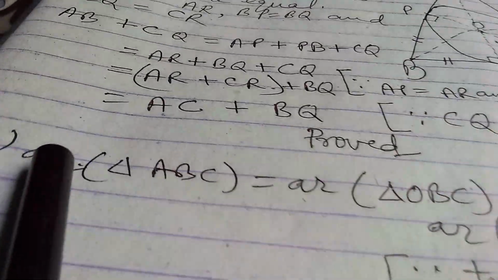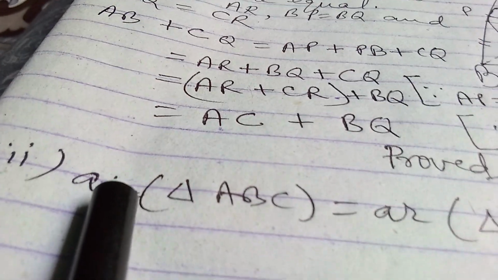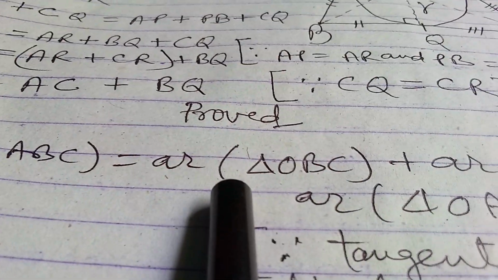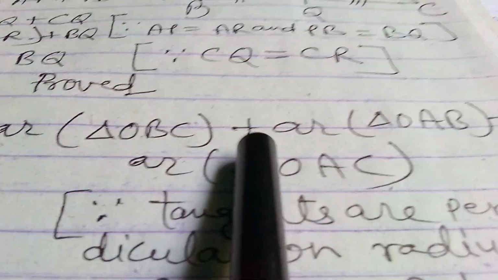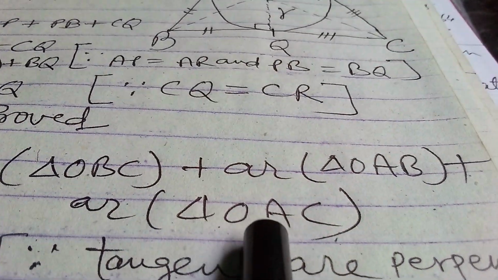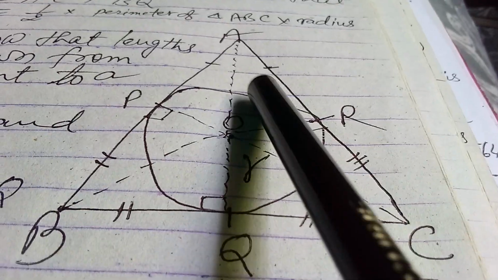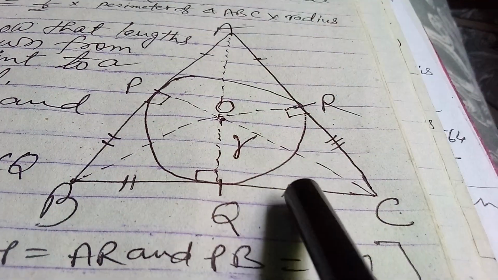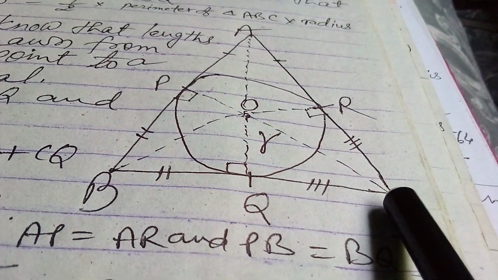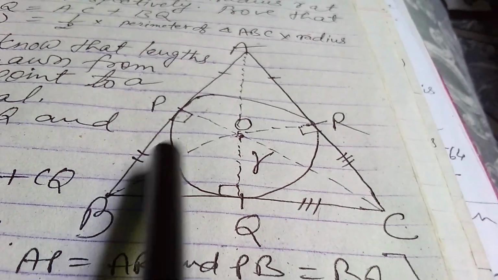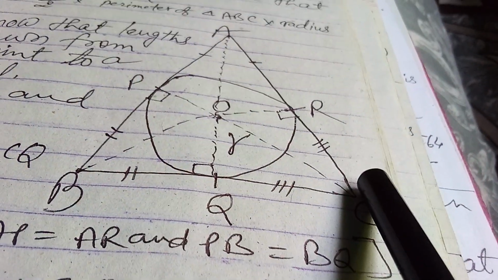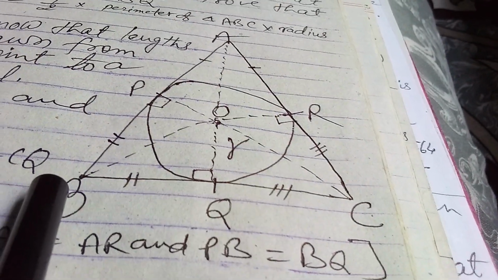Now, second proof. Area of triangle ABC equals area of triangle OBC plus area of triangle OAB plus area of triangle OAC. Here in this figure you find ABC is the largest triangle in which three triangles are there: BOC, AOC and AOB.